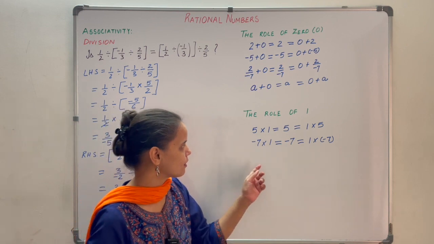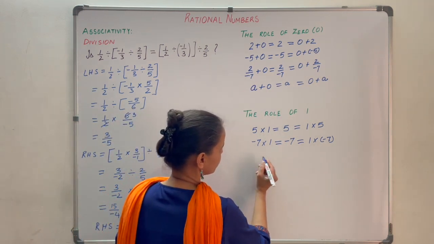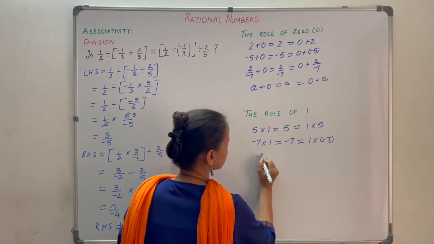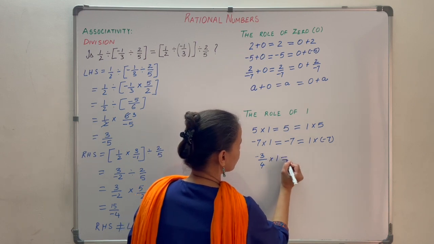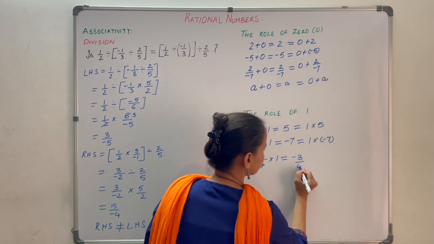For rational numbers also, 1 is the multiplicative identity. Let me explain you with the help of one example. Suppose you have minus 3 upon 4. If you multiply 1 to it, what you will get? The same number, minus 3 upon 4.